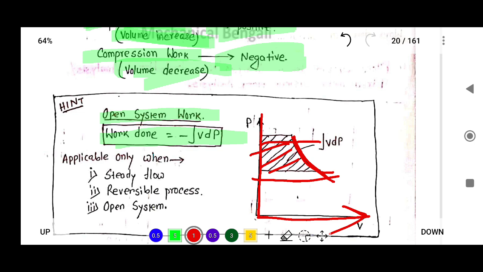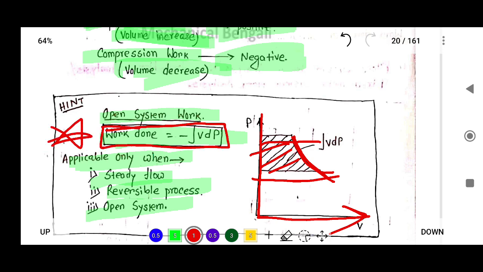This equation is applicable only when it is a steady flow reversible process, and only for an open system. Remember, this formula is only applicable for an open system. This is very, very important.